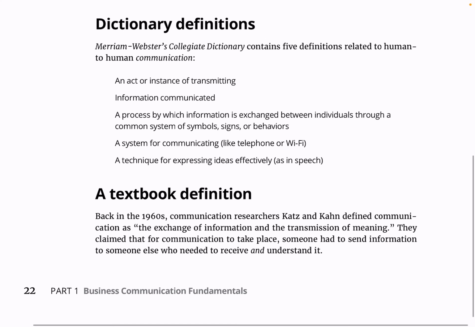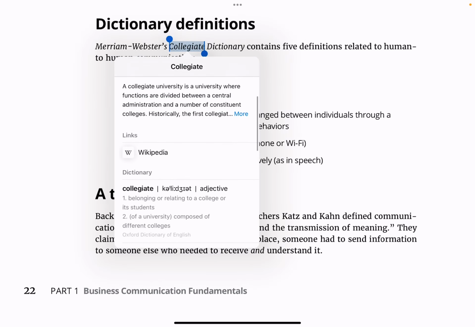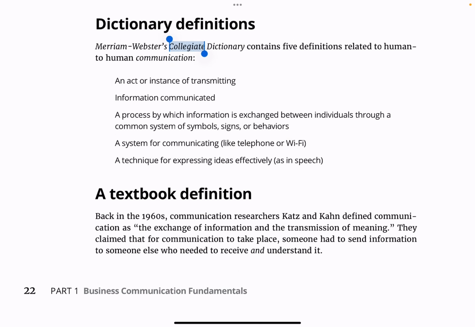Let's start with dictionary definitions. Merriam-Webster's Collegiate Dictionary contains five definitions related to human communication.